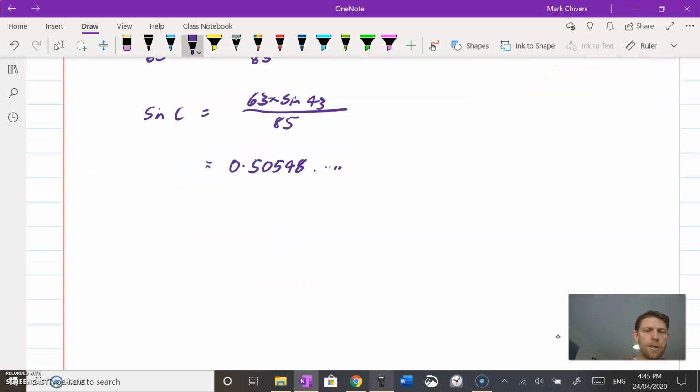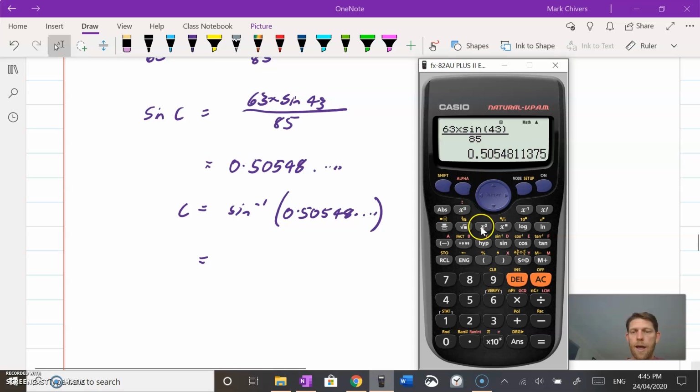That's going to be what sine C is, so therefore C is going to equal sine to the minus 1 of 0.50548... This is where we use the answer key on the calculator, and we just go sine to the minus 1, because we're finding an angle, just like in right angle triangles; using the shift button finds us an angle.